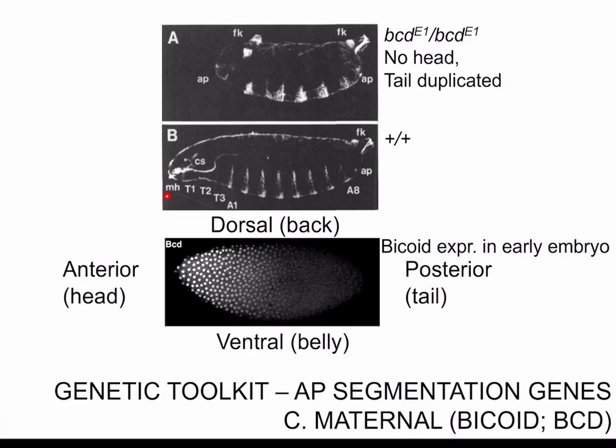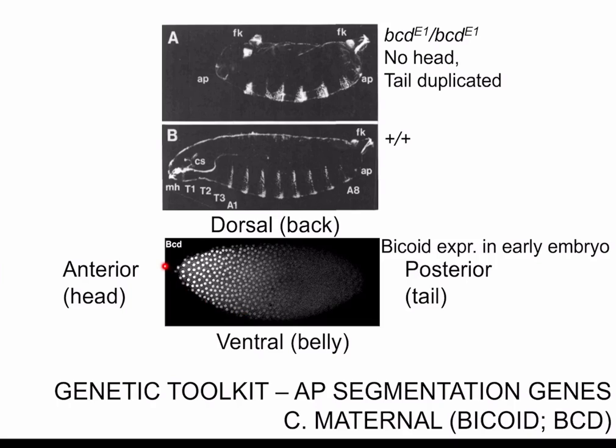And how does Bicoid do this? What the function of Bicoid is became clear when the gene was cloned and its expression pattern was determined by immunolocalization. And Bicoid, as you would expect from the mutant phenotype, is actually expressed in the anterior half of the embryo.